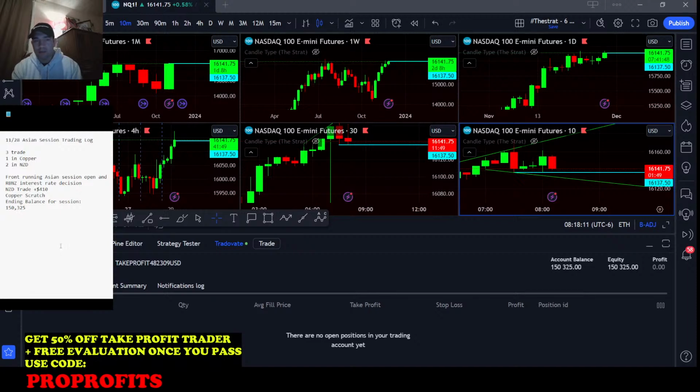Yeah, 2 trades in the New Zealand dollar, one in copper. The copper was a scratch. One of the trades in the New Zealand dollar was a winner. I can't remember for how many ticks it was, but got 410 in profit on it. On the whole account, I'm up 325. So that's where we're at on that account. I've taken 7 trades on the account so far.